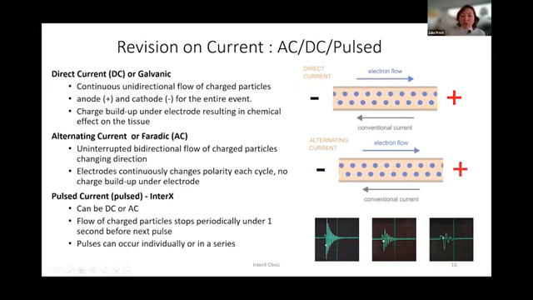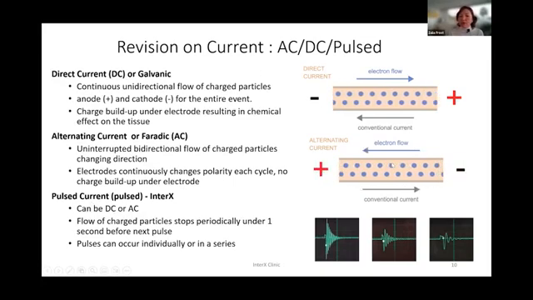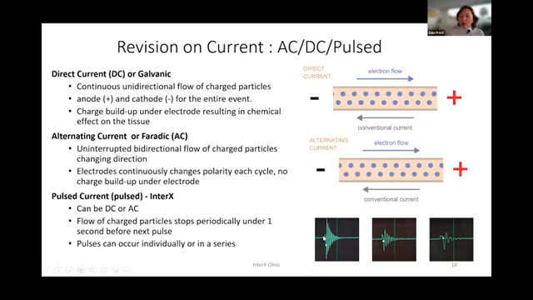What is interesting is that InterX employs this pulse current, and it has both AC and DC, as you can see here on the diagram. You can see it flows in one direction, and then you have direct current. This is microcurrent, direct microcurrent, a little step up, and then you have AC.